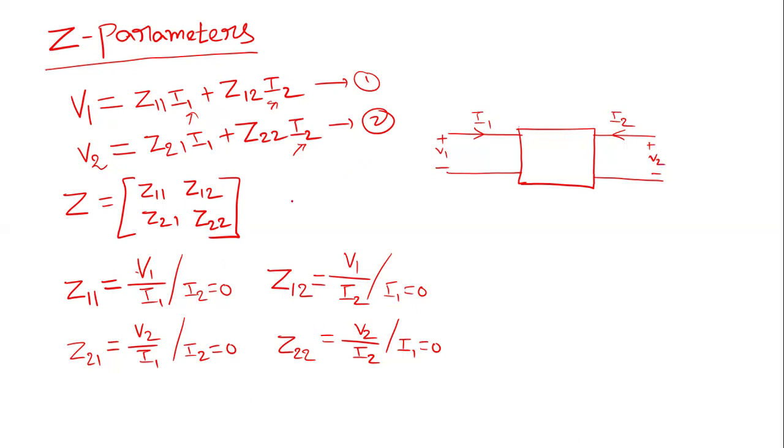Now see this one: what is I2 0? I2 0 means we make the output terminals open circuit. What is the condition I1 0? If you make the input terminals open circuited, then we can get the parameters Z12 and Z22.